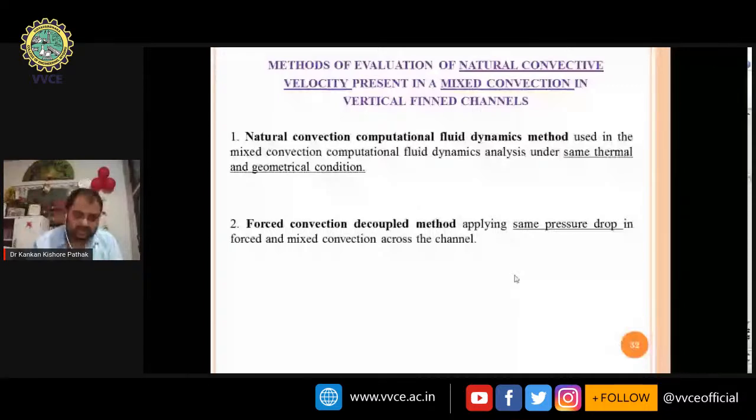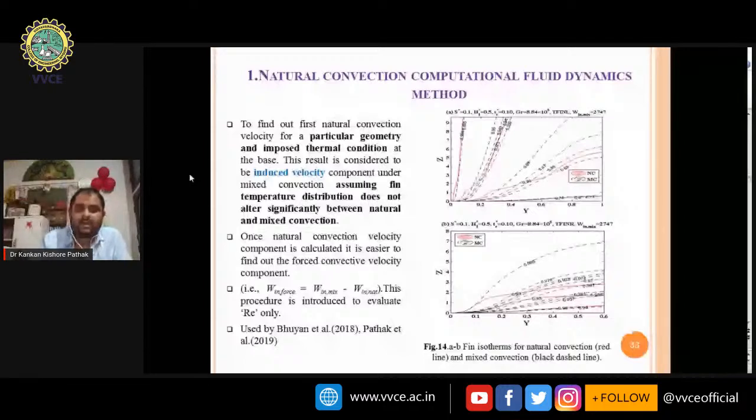across the channel. Now, this is the first method, the natural convection computational fluid dynamics method. We first take the natural convection geometry and impose thermal condition at the base, and this result is considered to be the induced velocity component, and we have to check the fin temperature distribution over the fin in case of the natural convection and the mixed convection.